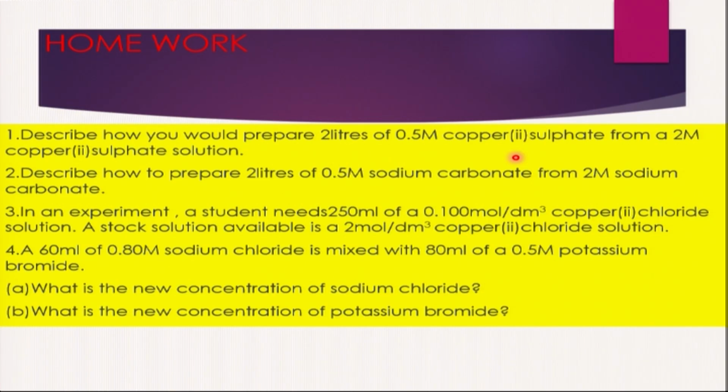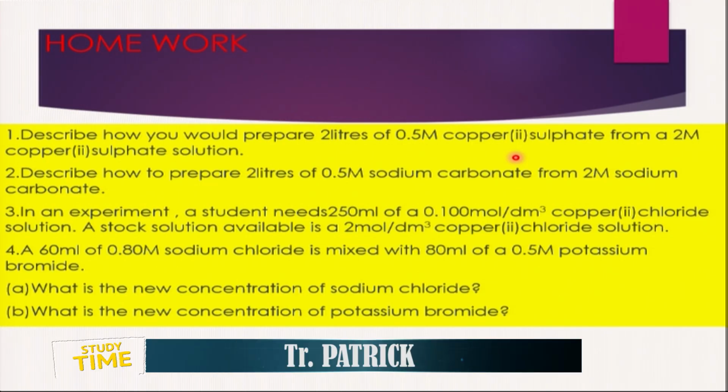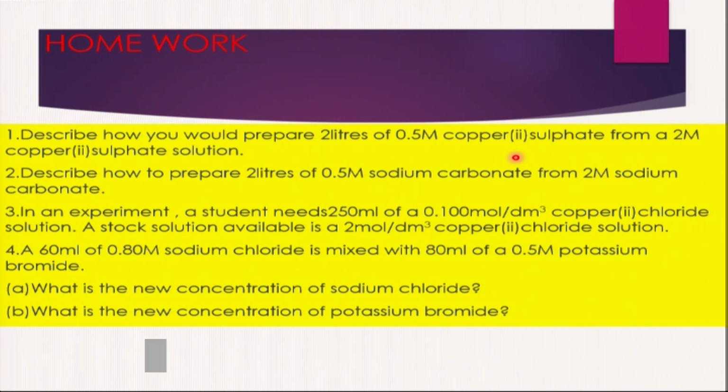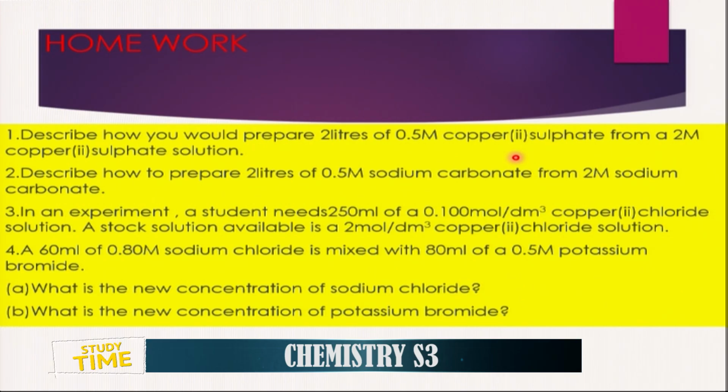The volumetric flask, remember, has to be a 2-liter volumetric flask because you are asked to prepare 2 liters. Then after transferring that volume of the copper 2 sulfate that you have calculated, fill it up to this mark. That is for the 2-liter volumetric flask.